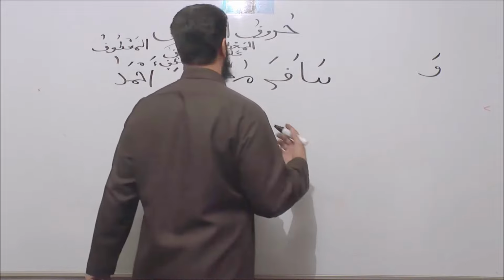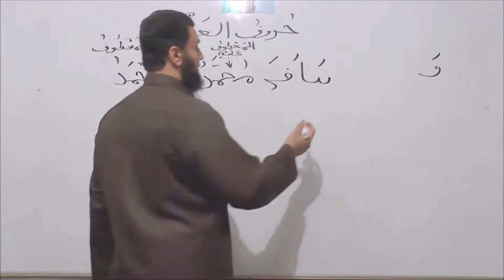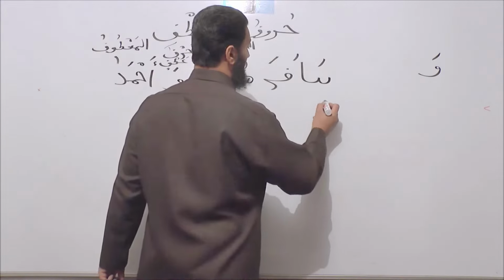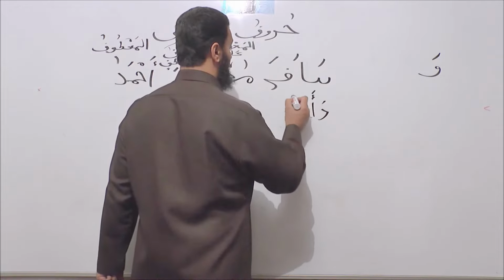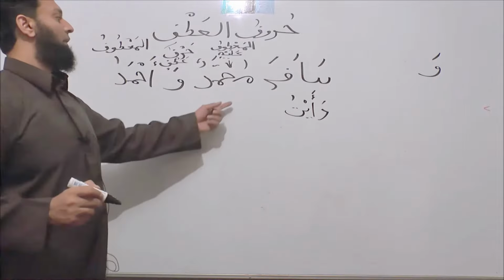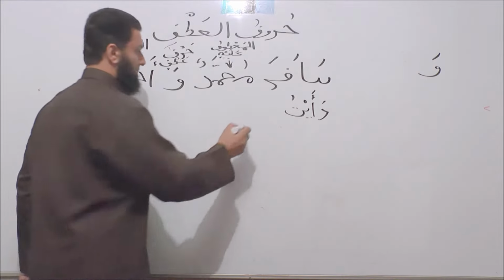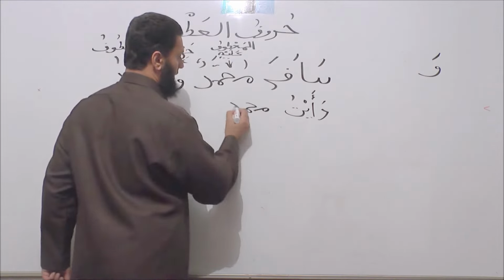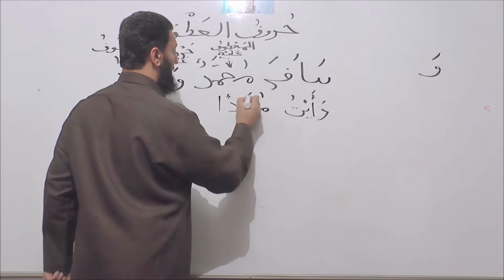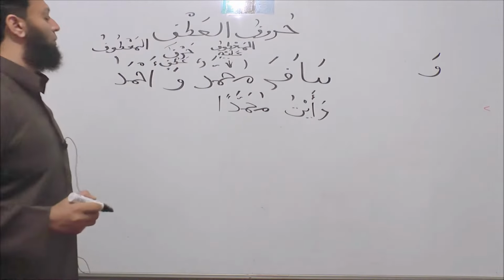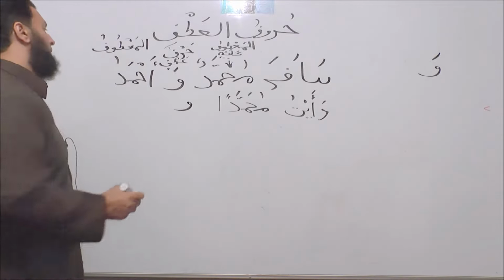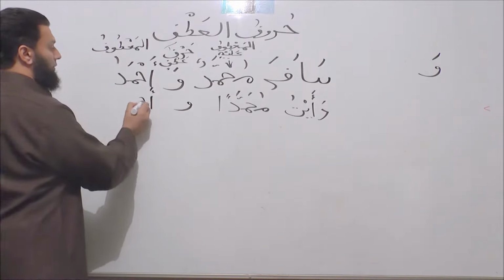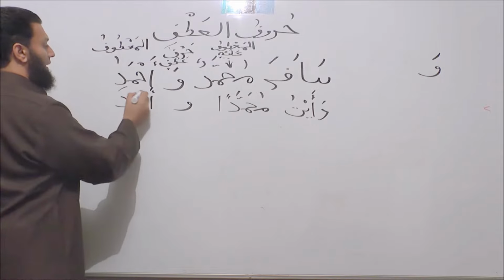What if we wanted to say, I saw Muhammad and Ahmed? رأيت محمدا وأحمدا. رأيت محمدا وأحمدا. Good.